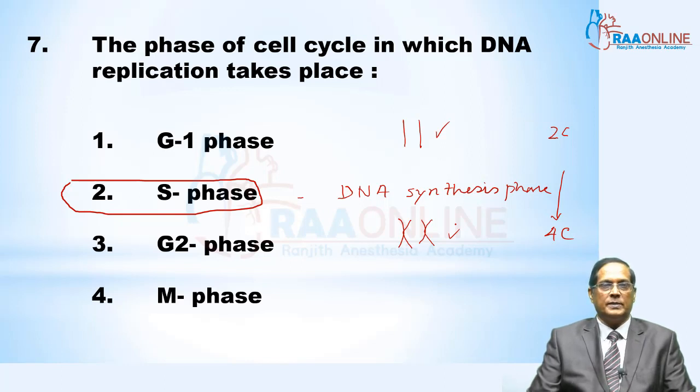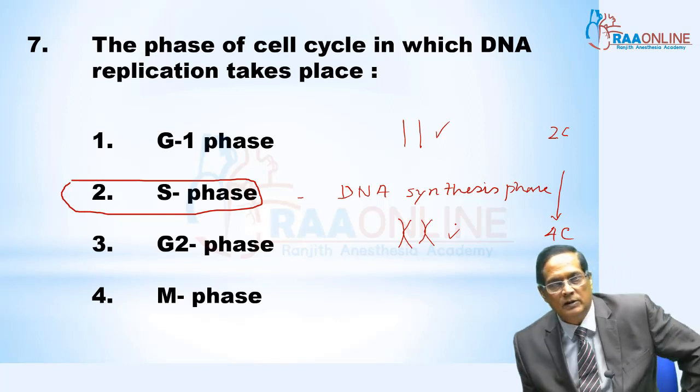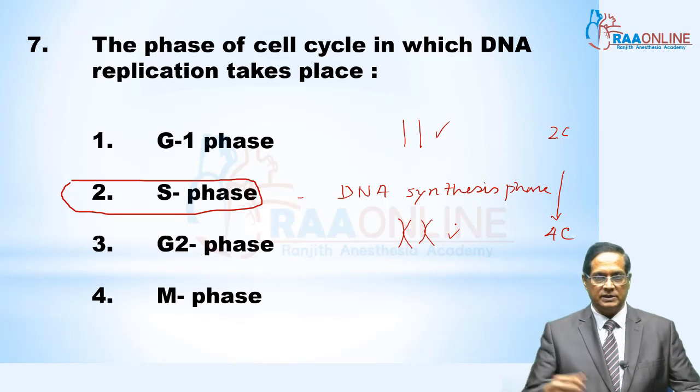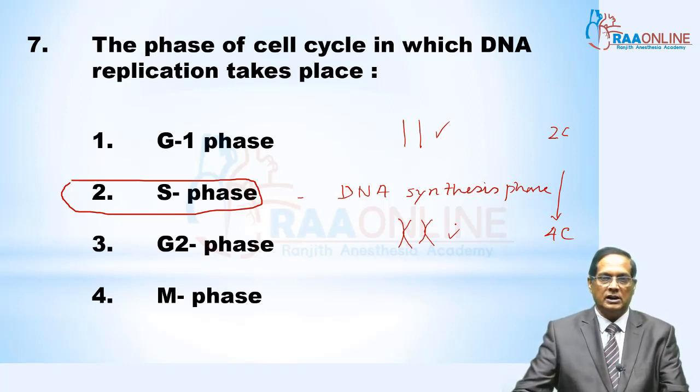After crossing S phase, they have 2 chromatids in each chromosome, and the amount of DNA is doubled. The physical number of chromosomes remains the same, but the amount of DNA is doubled in S phase.